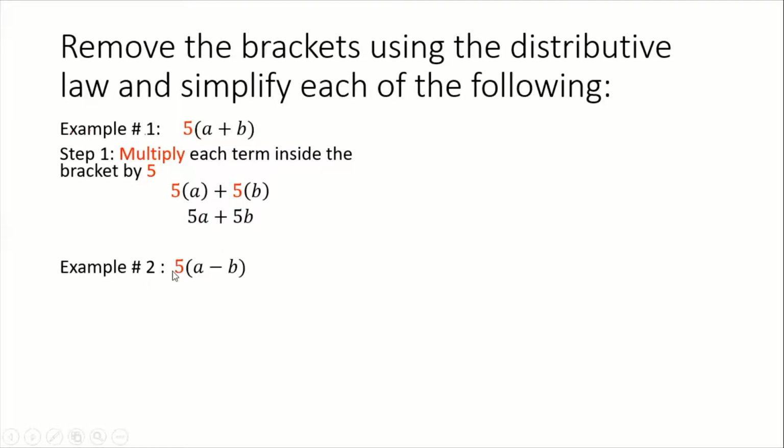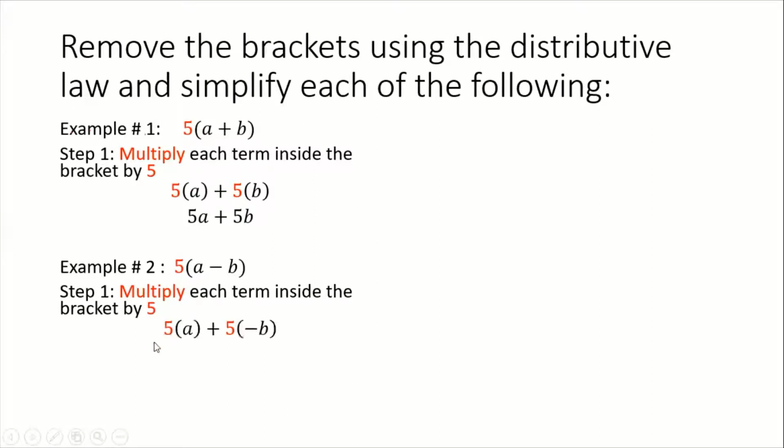We are now given 5 times (A minus B). Again, we're going to apply the distributive law to remove the bracket, which is to take 5 to multiply each term inside of the bracket. All right, how would you state this? You would state this as 5 times A plus 5 times minus B. Then at this stage, you're going to simplify.